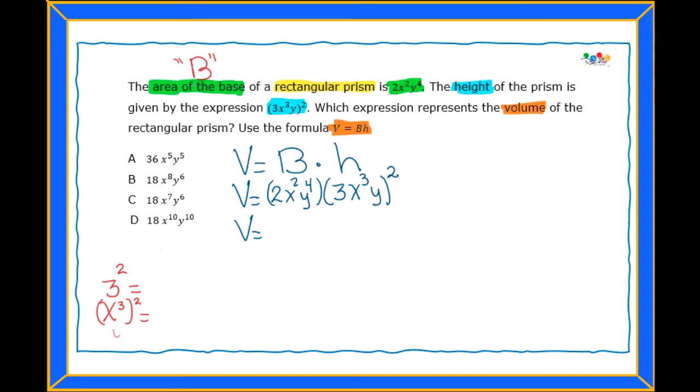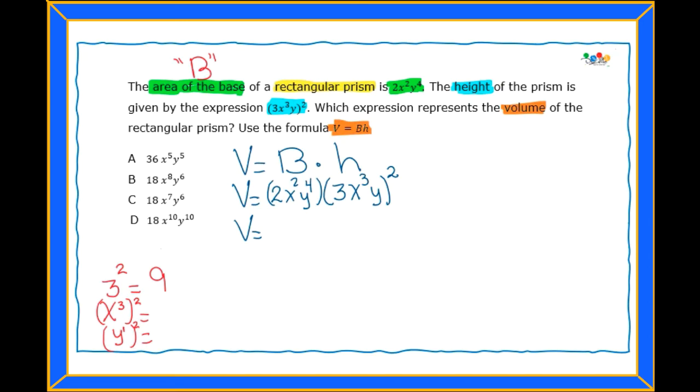And my last one in there is y to the first power raised to the second power. So I'm working out each one of the terms that are given to me on the height. Okay, so 3 to the second power means 3 times 3. I get a 9.